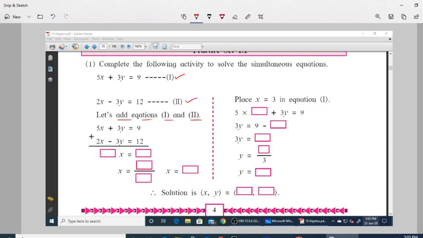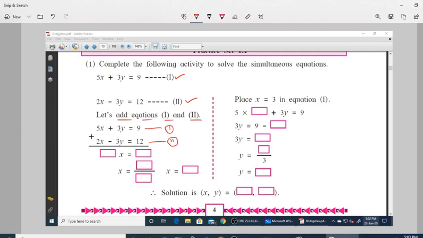This we have already studied in 9th standard, how to add linear equations in two variables. Anyways, we wrote equation number 1 here, this is equation number 2, and we are just going to add equations 1 and 2. So when you add equation 1 and 2, like terms will be added together.